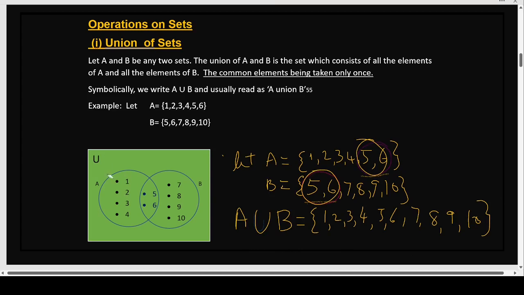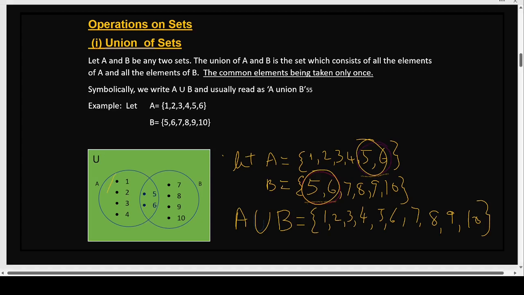So pictorially you can see A is this one and B is this one, and the common area here is as it is, these two circles are intersecting. The two sets are intersecting. The common area is written here and the common area consists of the common elements 5 and 6.